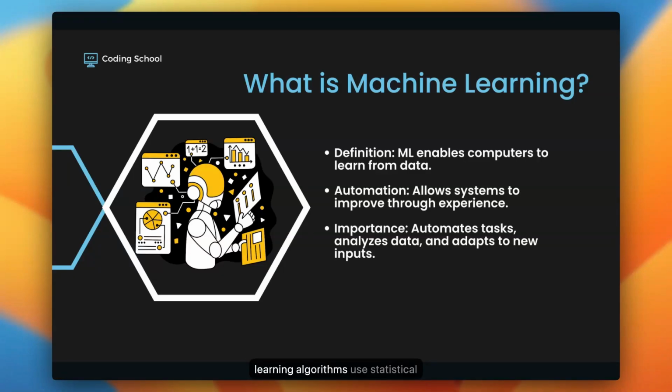So machine learning algorithms use statistical techniques to enable machines to improve at tasks with experience, and the more data the algorithm uses, the better they become at making predictions or decisions. So why is machine learning important? So first of all, it is very important for automation. So automate tasks that are difficult or impractical to program explicitly.